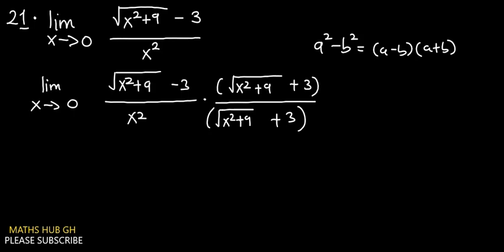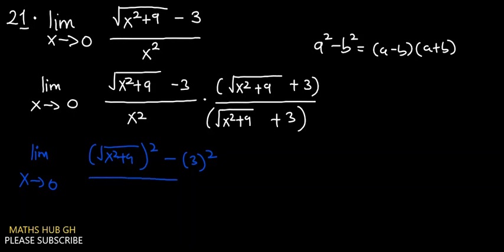For this reason, we are going to have the limit as x approaches 0 of the square root of x squared plus 9, squared, minus 3 squared. This is what you are going to have. All this is divided by x squared times the bracket of the square root of x squared plus 9 plus 3.